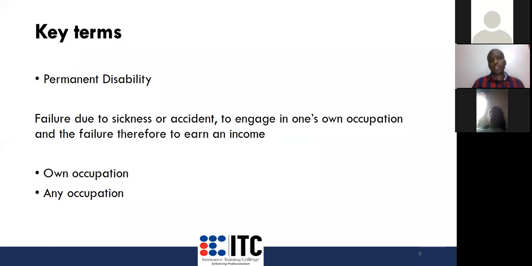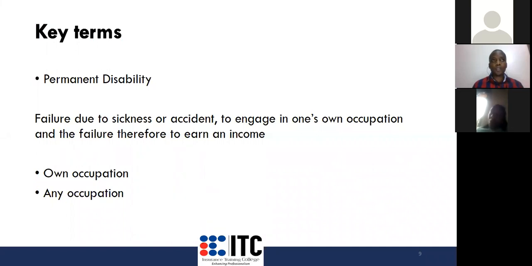So the other key term we talked about was permanent disability. Now, when we look at disability in terms of insurance, and specifically in terms of life insurance, we're looking at disability not as a result of the part of the body that is injured per se, but we look at the effect of that injury, the effect of that sickness or effect of that accident on your ability to gain gainful employment or to even earn an income.